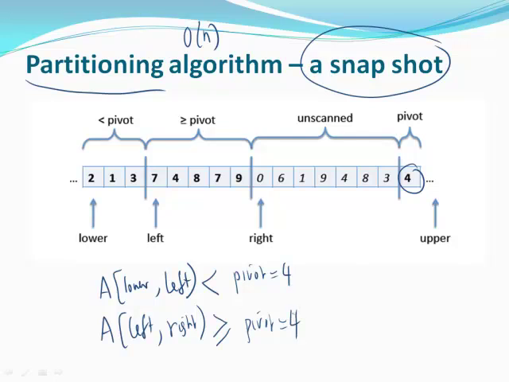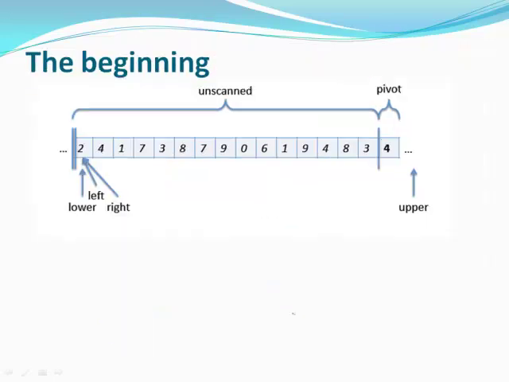So ideally this is the kind of invariant you need. Lower to left, we know all of them are less than the pivot. Left to right, all of them are more than the pivot. So by the time the right reaches the final element, we have already established that the pivot, wherever it is going to be, should be in the right place.